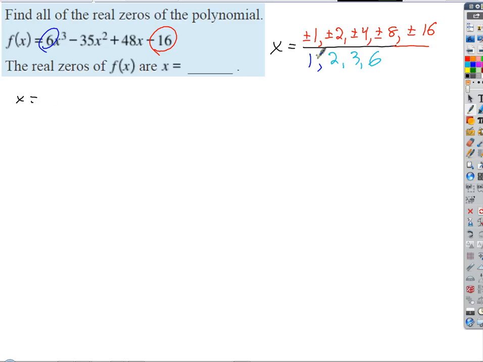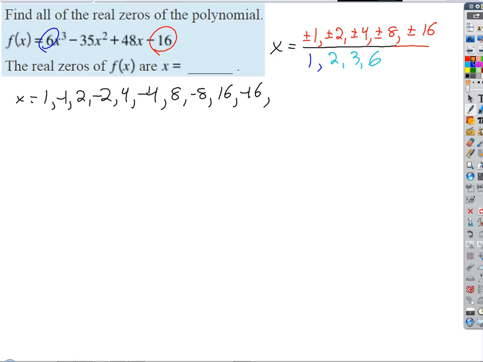Well, let's start with the 1 on the bottom, because that makes all of these integers. So we would just get 1, negative 1, 2, negative 2, 4, negative 4, 8, negative 8, 16, negative 16. And then from there we could move on and say, okay, what if we had a 2 on the bottom?